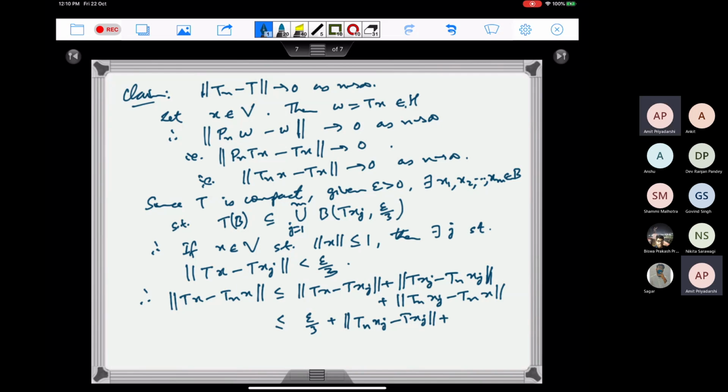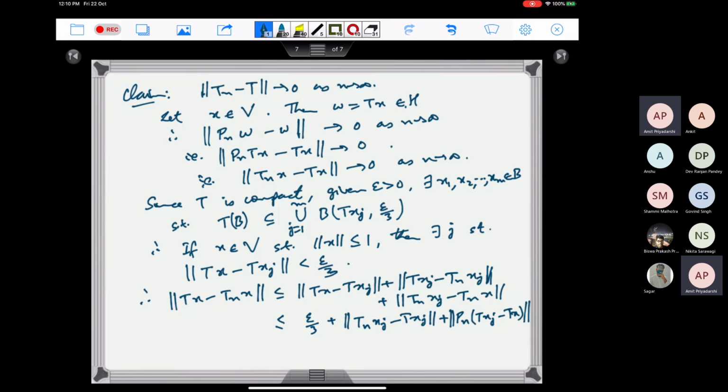Tn is Pn composed with T. So that is Pn of T of xj minus T of x. Right? We are just using that Tn is PnT, so we get this.